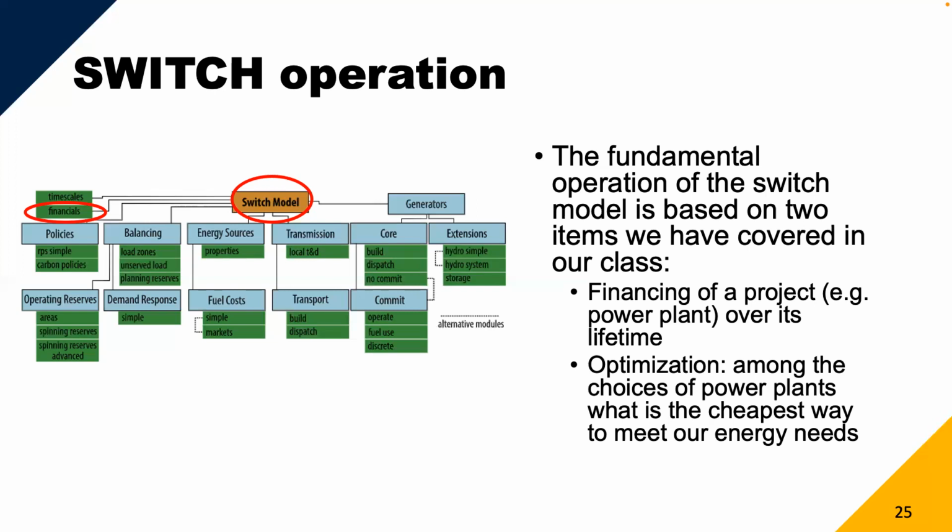So levelized cost of energy is equal to the lifetime costs, discounted, divided by the energy produced over the lifetime. So this is what makes this type of problem really complicated.